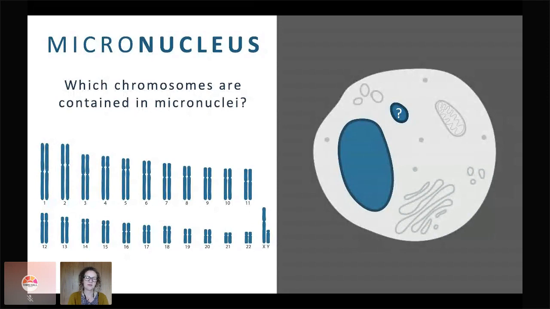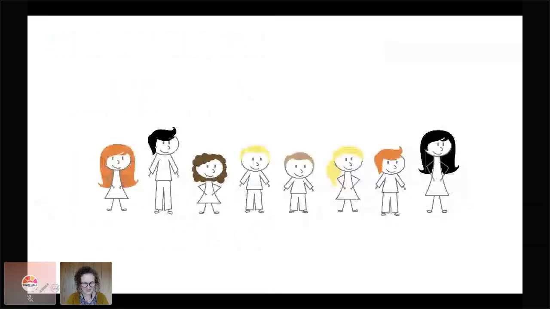So in order to understand these differences between chromosomes, I want you to think of chromosomes like people. So if we look at a group of people, we know that they're all human beings, but they all have a lot of differences that make them unique. Some differences we can see with our eyes, such as differences in height, hair color, or style. These are easily identifiable.